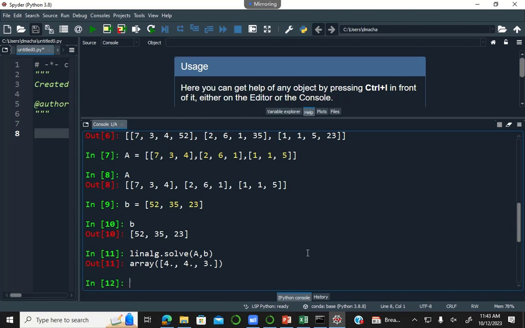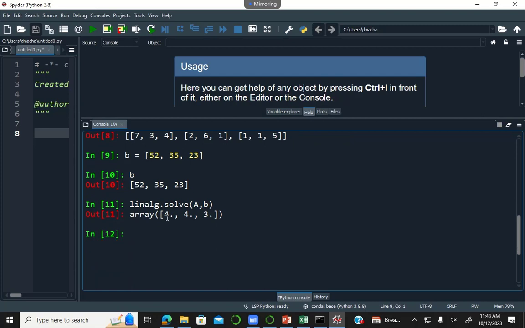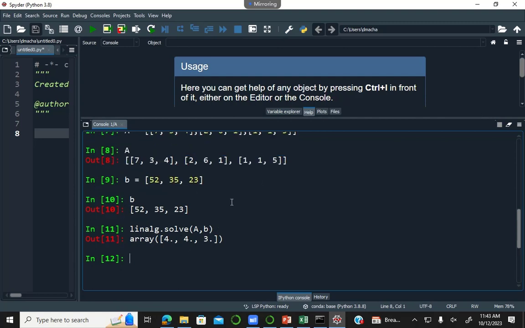The solution that Python came up with was 4, 4, 3, which is exactly the same solution that we got when we solved this by hand, with our row reduction techniques. What's actually happening here is when I type in linalg.solve, which stands for linear algebra solve, Python is taking my matrix A and augmenting it with the vector b so that we have the full augmented matrix.